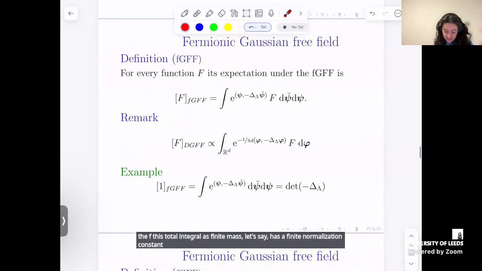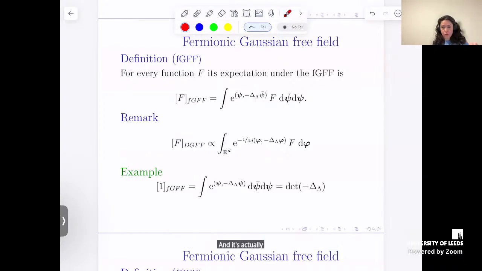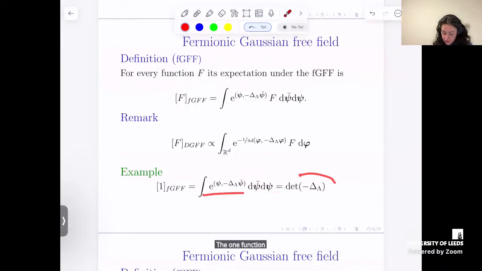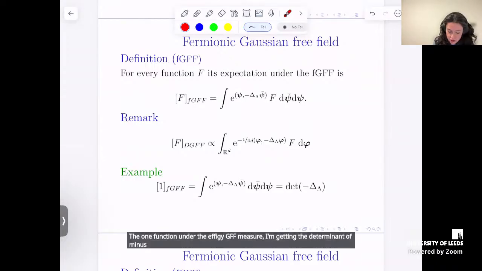It's such that the integral of the one function is finite. And it's actually true. This is one of the latest rules that Wioletta introduced: if I integrate in the Grassmannian sense the one function under the FGFF measure, I'm getting the determinant of minus delta lambda, which, as was mentioned before, is a positive number.